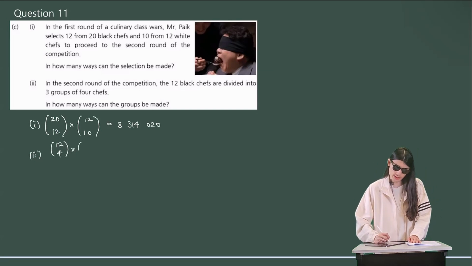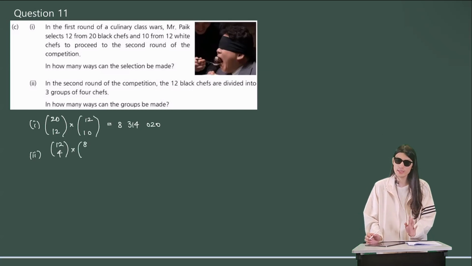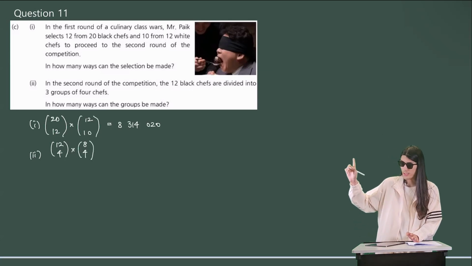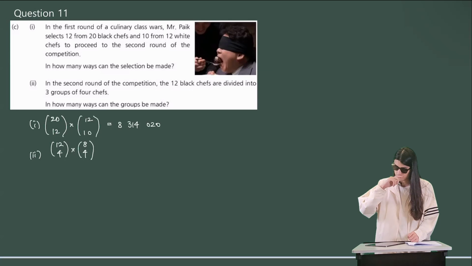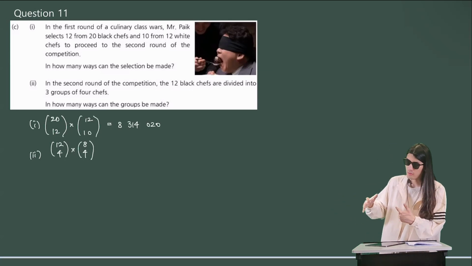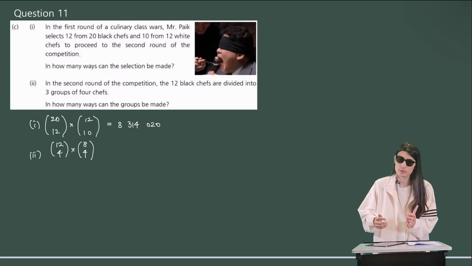You then, for the second group, would have 8 chefs to pick from, from which you select 4. Okay? And those 4 selected would make the second group. Now the remaining 4 unselected would naturally form the third group, wouldn't they?